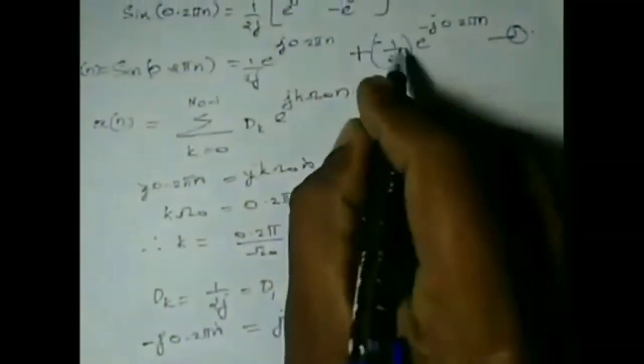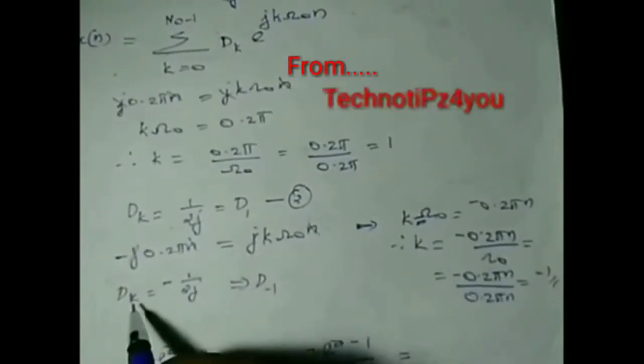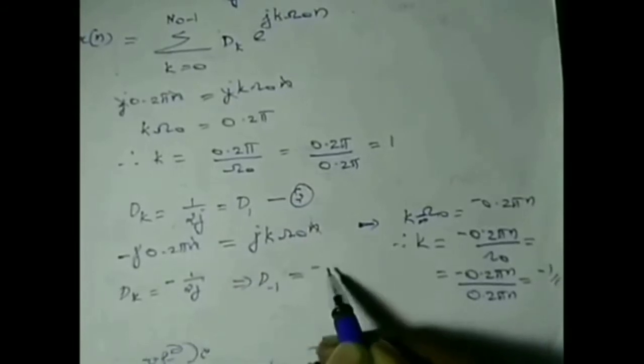So naturally dk, in the second term, what I obtained is dk is equal to minus 1 by 2j. The value of k in this case is minus 1, so d of minus 1 is obtained by substituting k equal to minus 1 here.